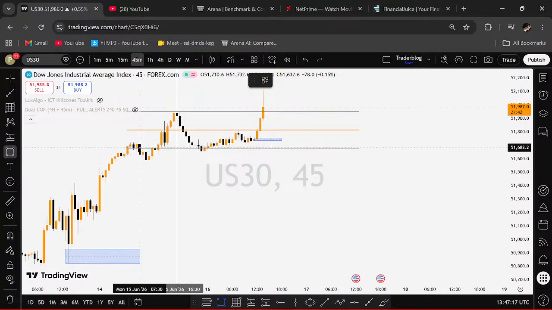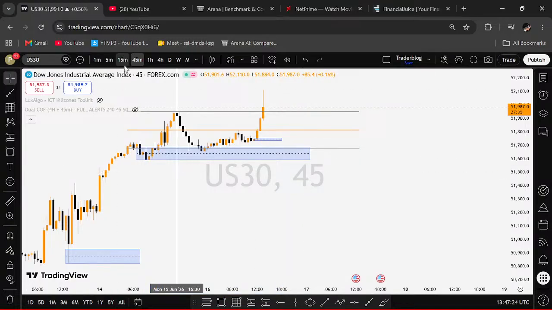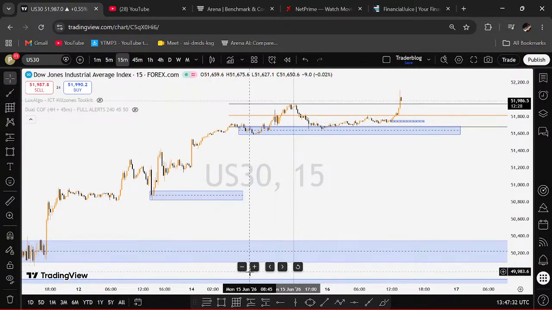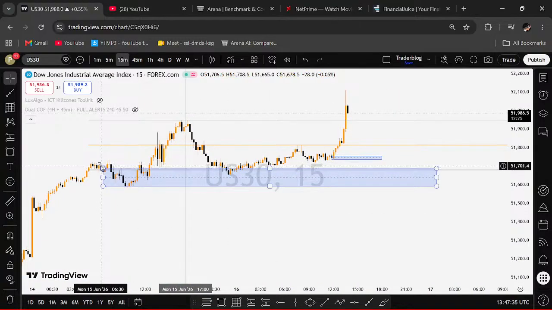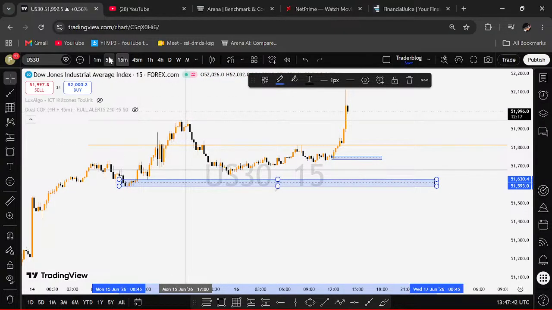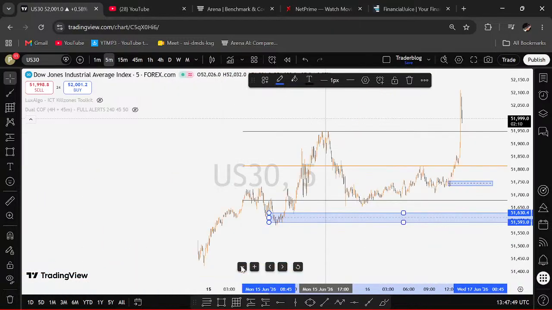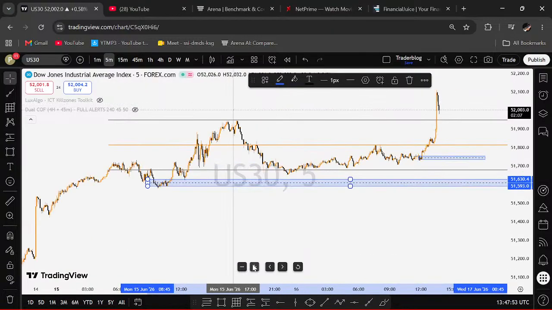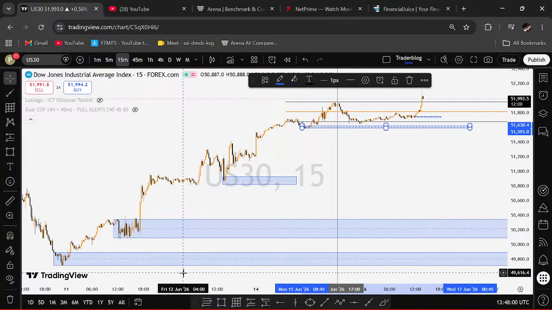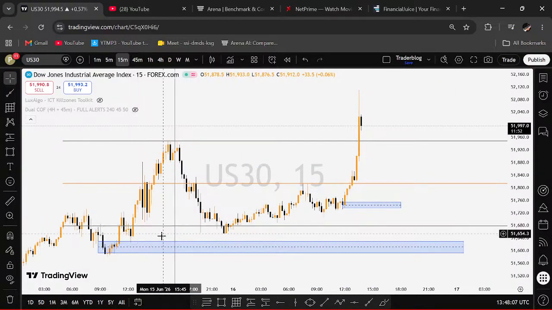Yesterday I should have taken this trade, and this trade as well.